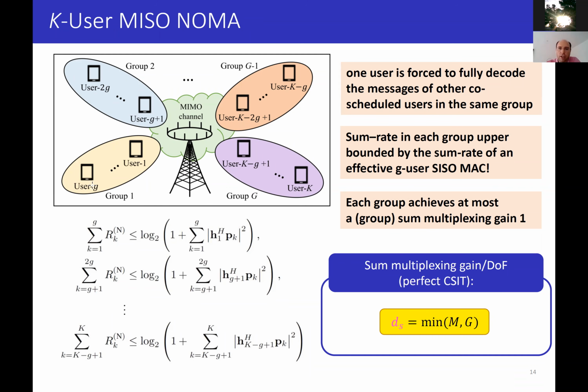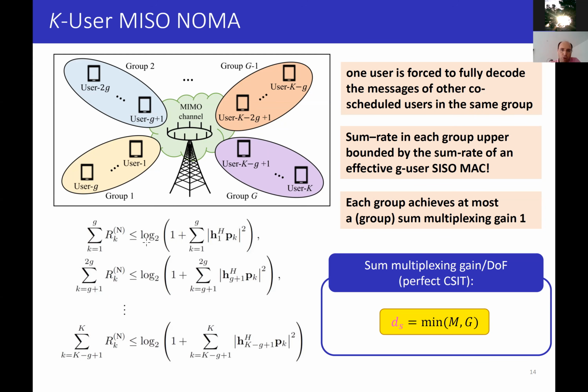And so what you can do is you can calculate the sum rate of the messages in each of those groups. And so you can write, for instance, the sum of the rate of the users in group 1, which is expressed by this, will always be upper bounded by this quantity. And what is this quantity?